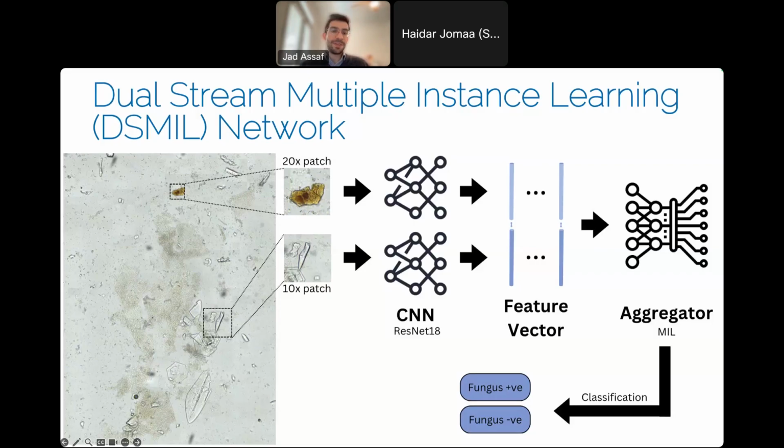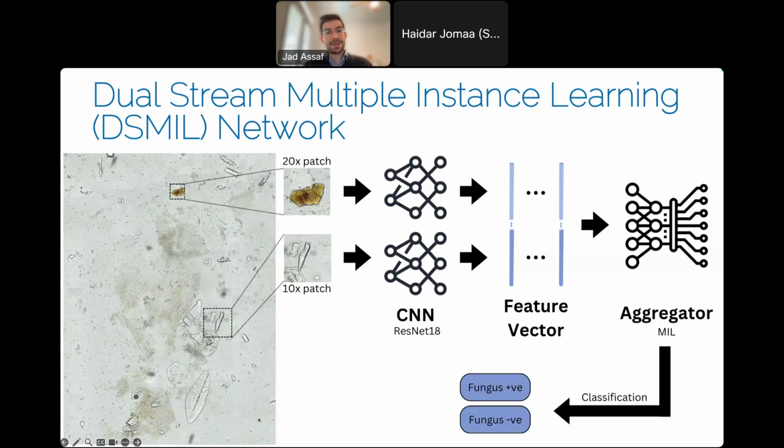So once we have feature vectors from all of these patches on the entire whole slide image, we can aggregate them and feed them into a transformer, which is called a DSMIL network that I used. And we are able to classify the entire slide as fungus positive or fungus negative.